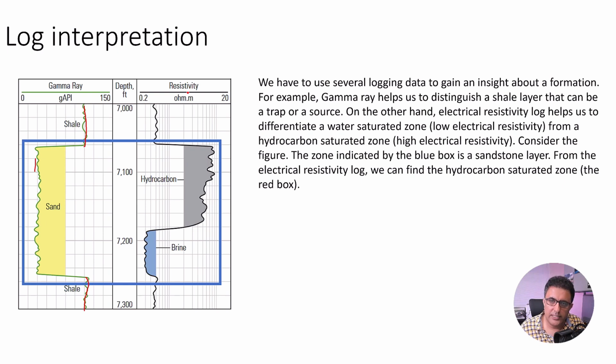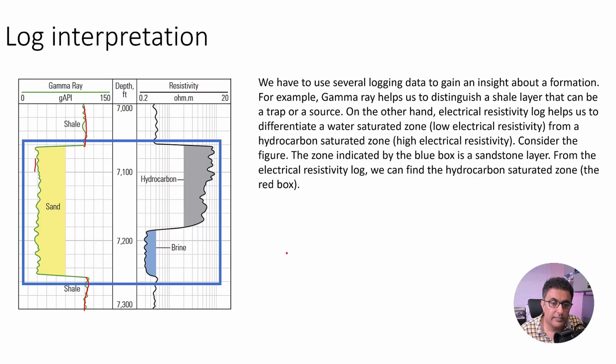So now consider a layer that is saturated only by brine and consider another layer that is saturated by oil. It is very easy to say that, okay, if the layer is saturated by oil, it should have a higher resistivity and lower conductivity because oil is not conductive.